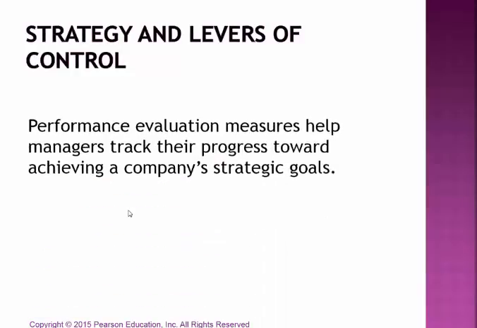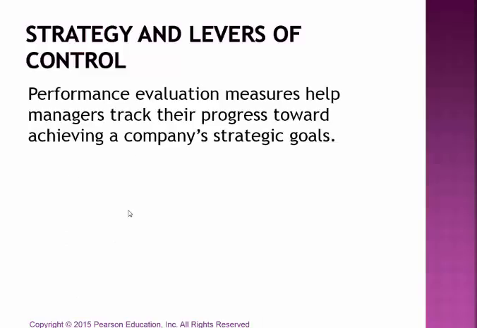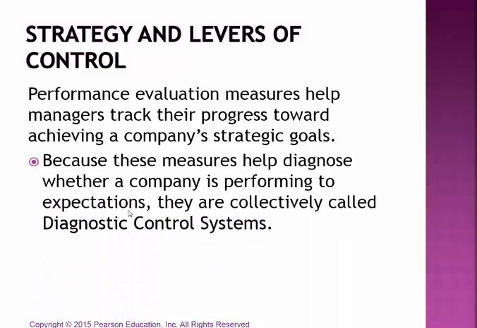Lastly, we've got our strategy and levers of control portion of this particular chapter. Our performance evaluation measures help managers track their progress toward achieving a company's strategic goals. And we need to use those items.